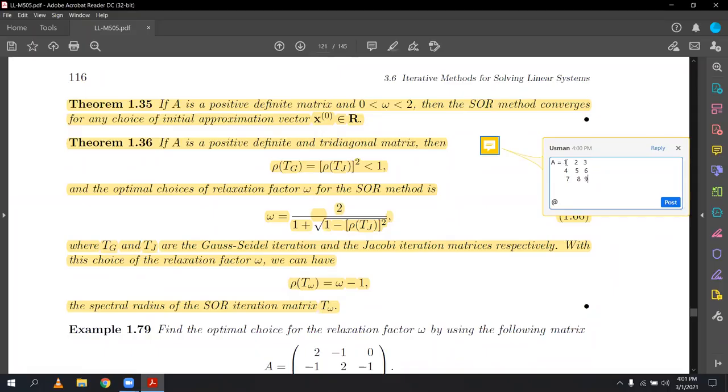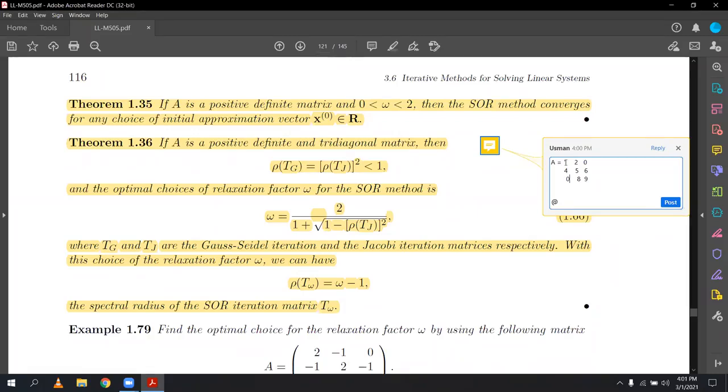A matrix where the diagonal elements and one upper and one lower diagonal are not equal to 0, and the rest are 0, is called tridiagonal. So if this is 0 and this is 0, then we call it a tridiagonal matrix.